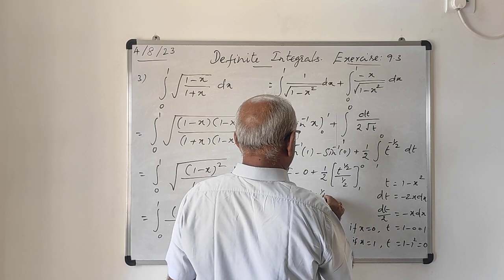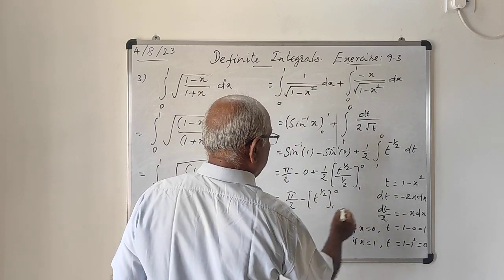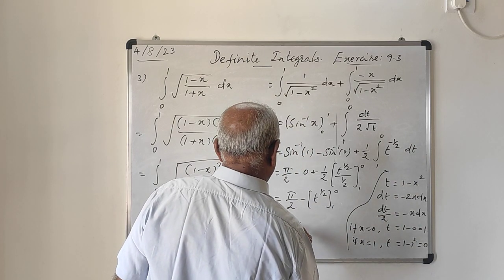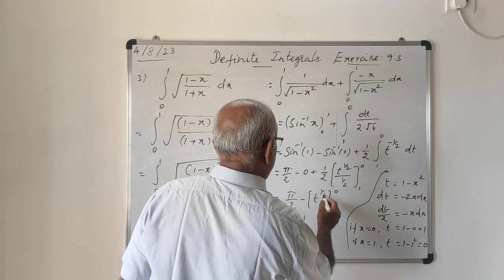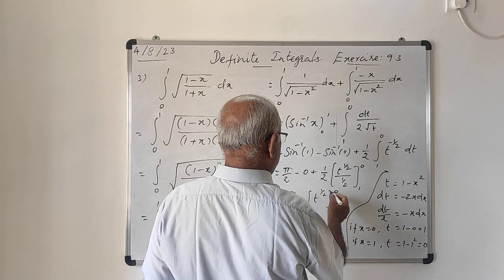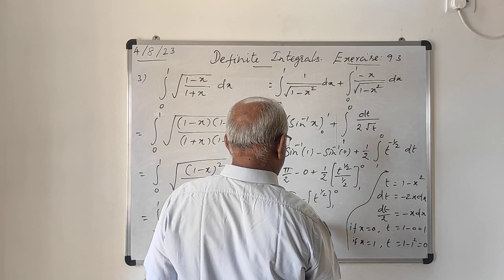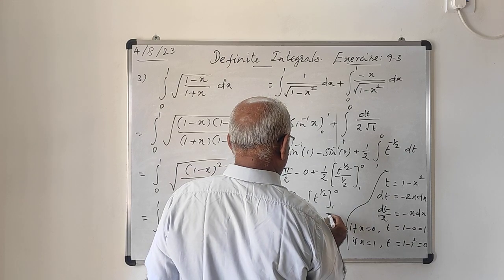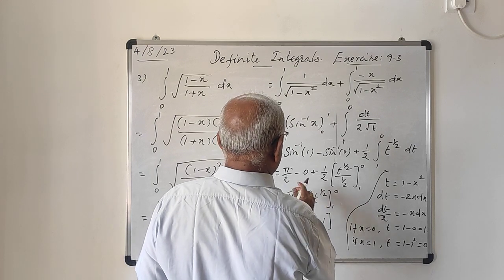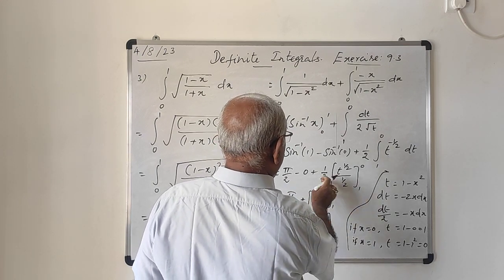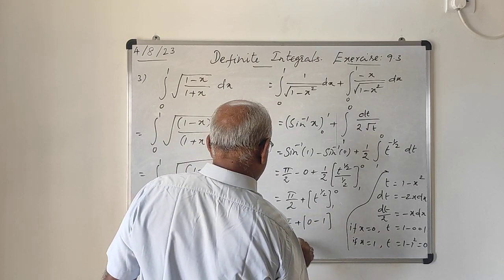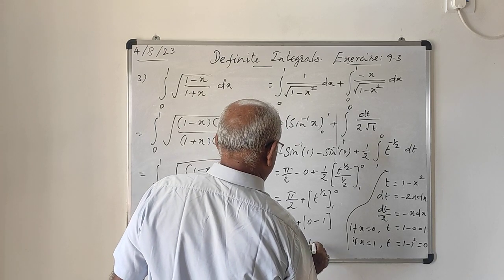You will get pi by 2 minus, on substituting 0, 0 power half is 0 minus 1 power half is 1, so this is plus into minus, minus 1. Therefore your answer is pi by 2 minus 1.